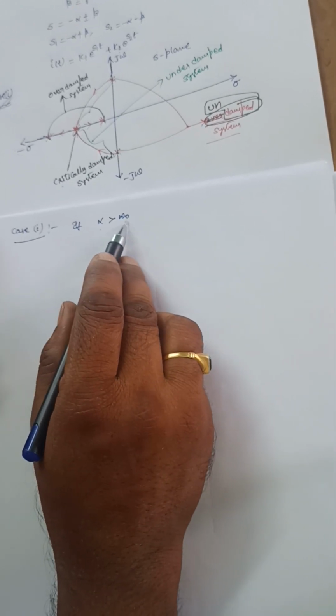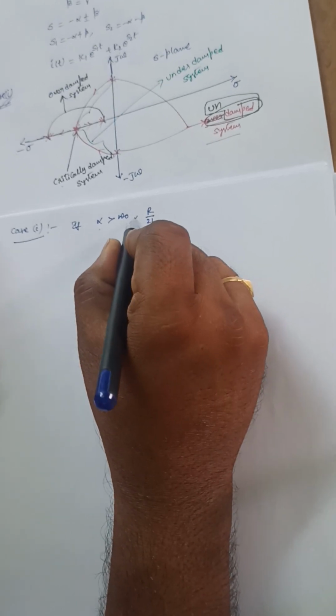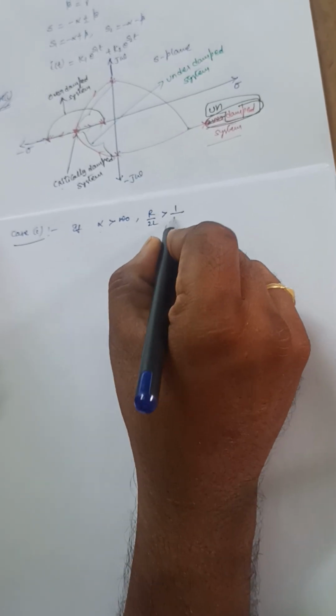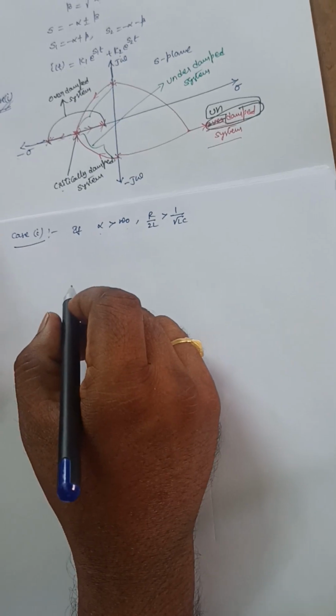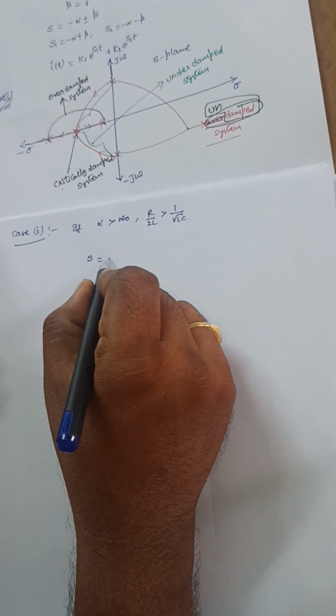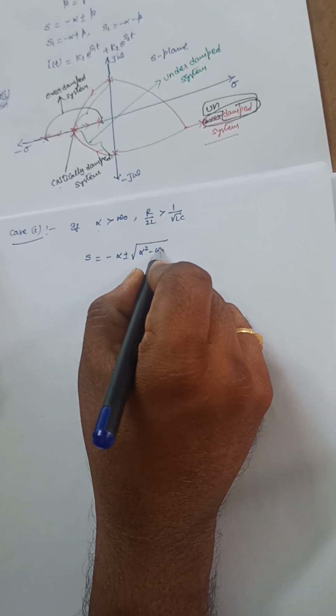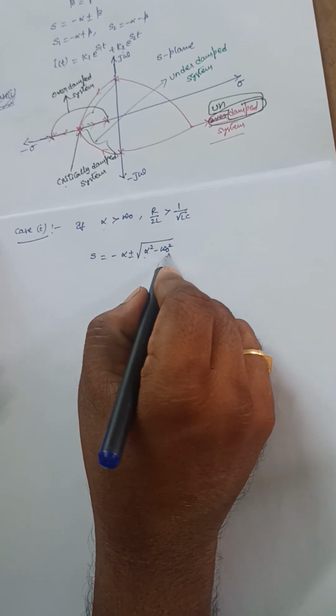If alpha, which is R by 2L, is greater than 1 by root LC, then what happens to these roots? Now the roots are s equals minus alpha plus or minus root of alpha square minus omega naught square. Here alpha is greater than omega naught.